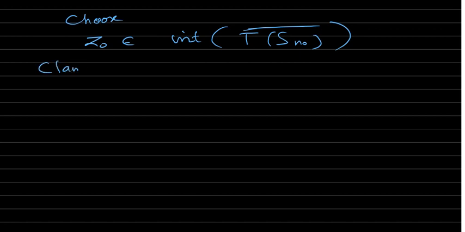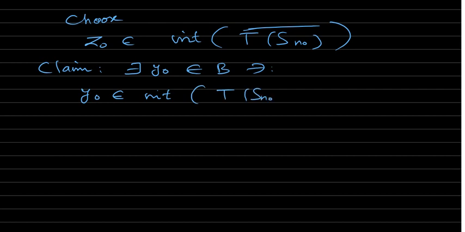So the claim is like this. Claim: there exists Y naught in B such that Y naught belongs to the interior of the closure of T of S n naught, and it also belongs to T of S n naught. So I will choose such a Y naught which is in this set.